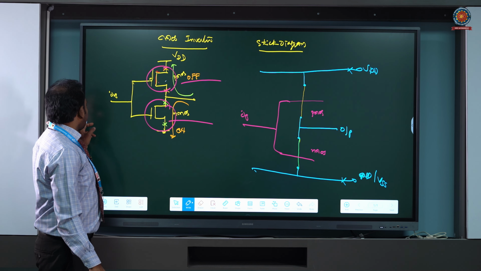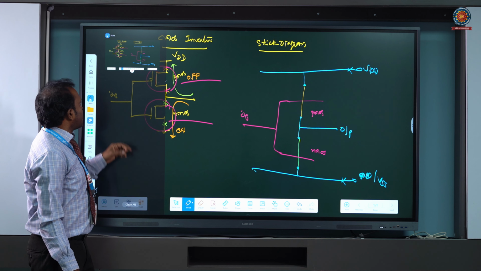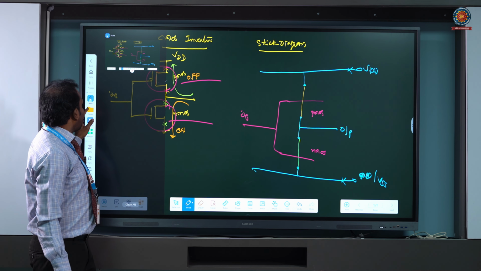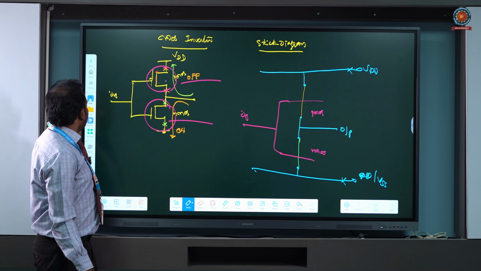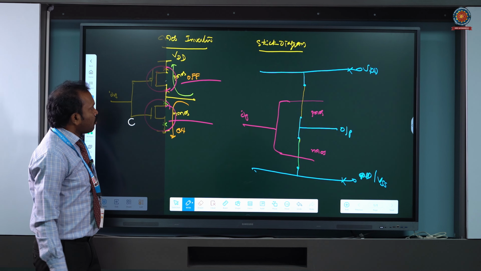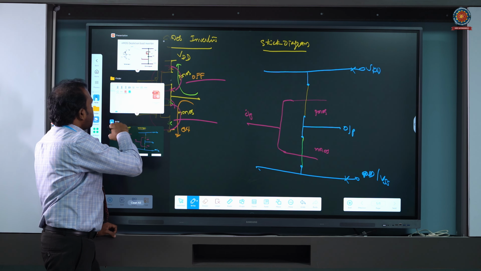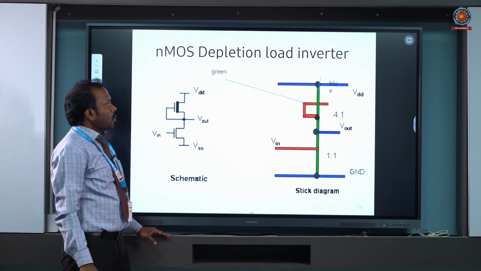Let us go for a simple view of the layout of your CMOS in layout design. In this we go for drawing the layout design. So in this PPT, we'll see now, this is your NMOS depletion load inverter.